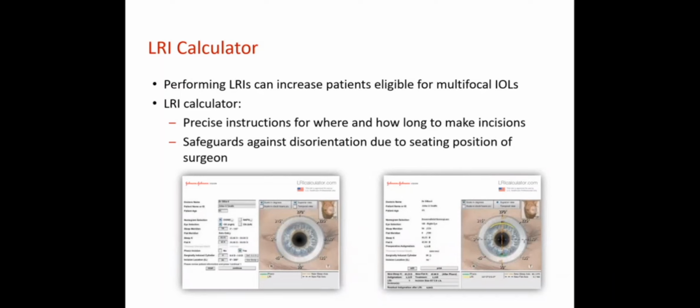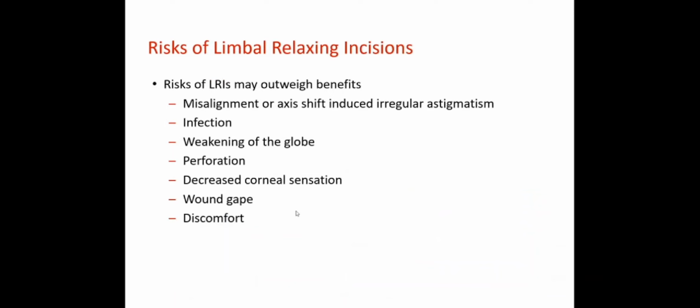So eventually, for LRIs, if doctors want to be successful in it, they may want to create their own nomograms. But again, limbal relaxing incisions are not as predictable as toric IOLs, because when you make certain cuts on corneal tissue, there's always the variability of the tissue itself you're cutting, and also the healing effect of the tissue.